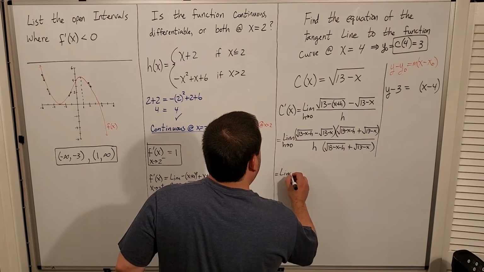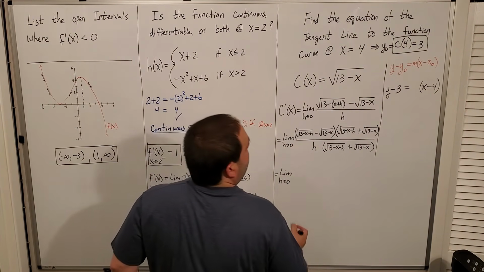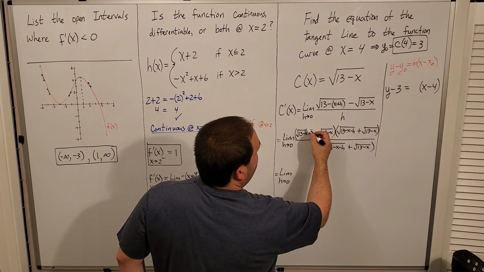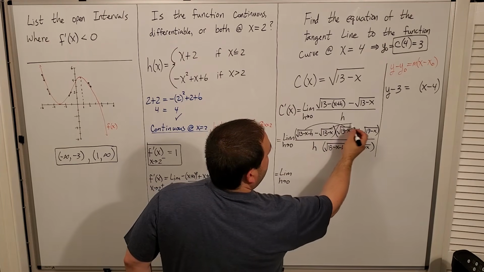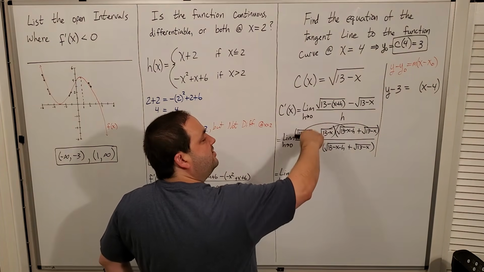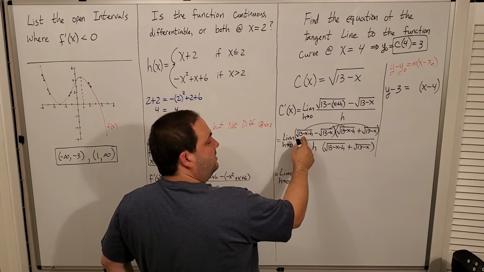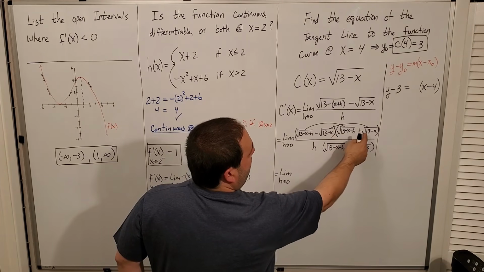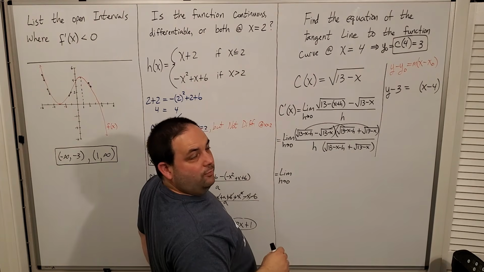So I've got limit as h goes to 0. Multiplying this conjugate, I'm going to be able to keep the surviving elements of the first times the first and the last times the last. Notice the cross terms, the square root of 13 minus x and square root of 13 minus x minus h, and same thing, multiplication here. But one of them is positive and one of them is negative. Those are going to add out to 0.